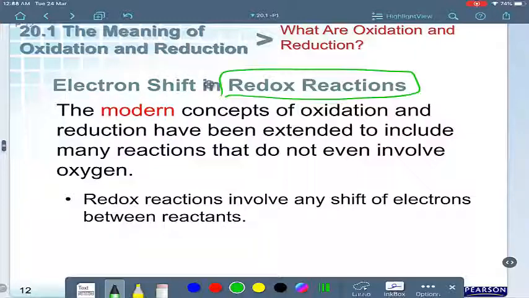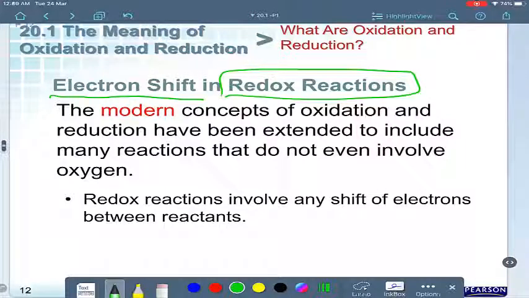You remember Lewis' theory of acid and base? The same idea. Some compounds don't have oxygen or hydrogen, no gaining, no losing hydrogen or oxygen, but a redox reaction happens. So we have to use electron shift in the redox reaction to understand the meaning of this type of reaction.